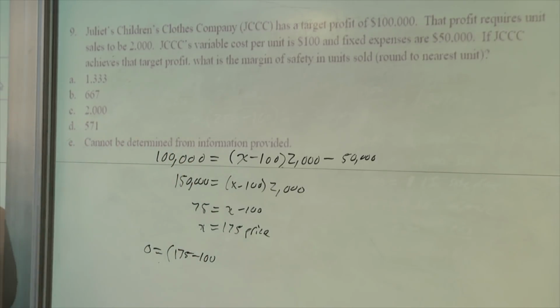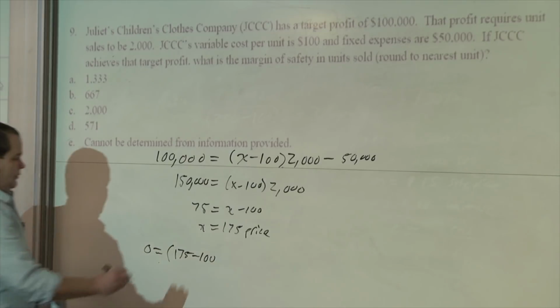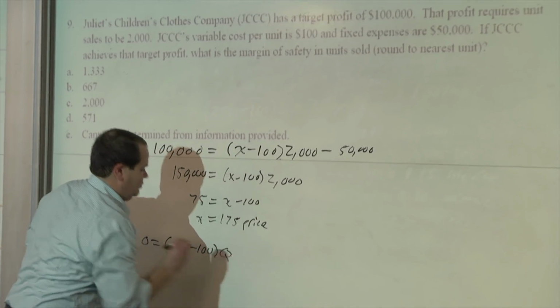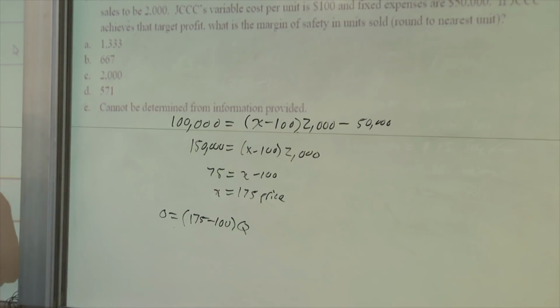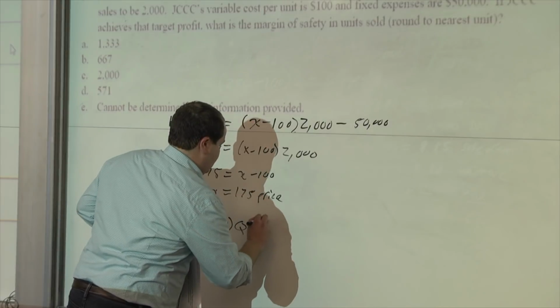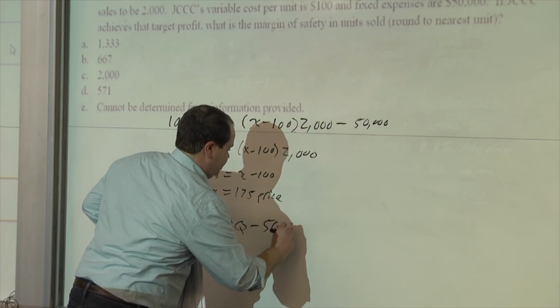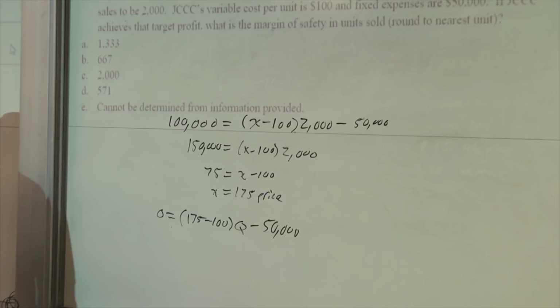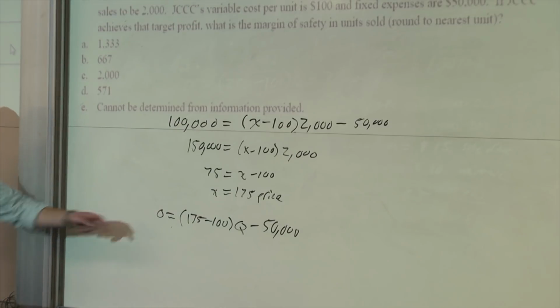We have $100 in variable costs. We don't know how many we have to sell to break even. That's what we're going to solve for. And we have 50,000 in fixed costs. Right? So this is break even, profit is 0.